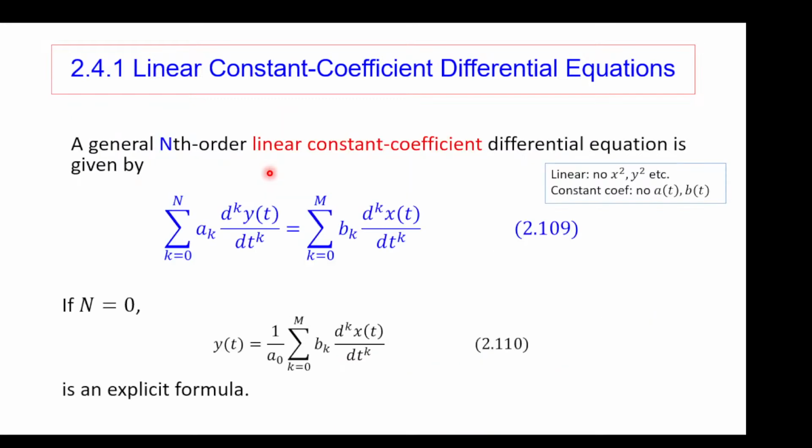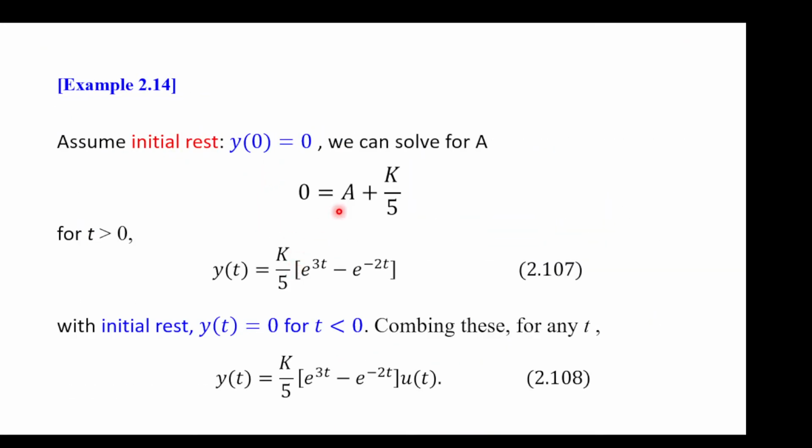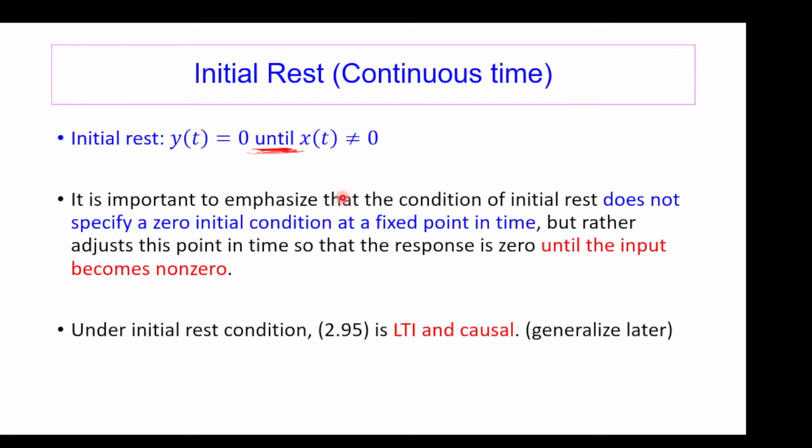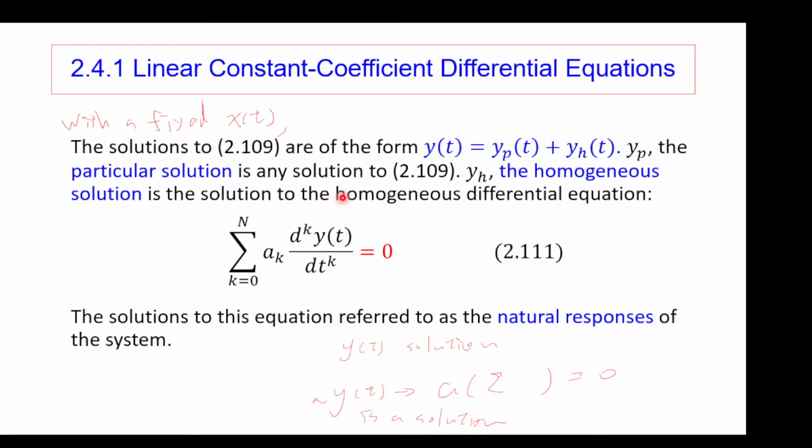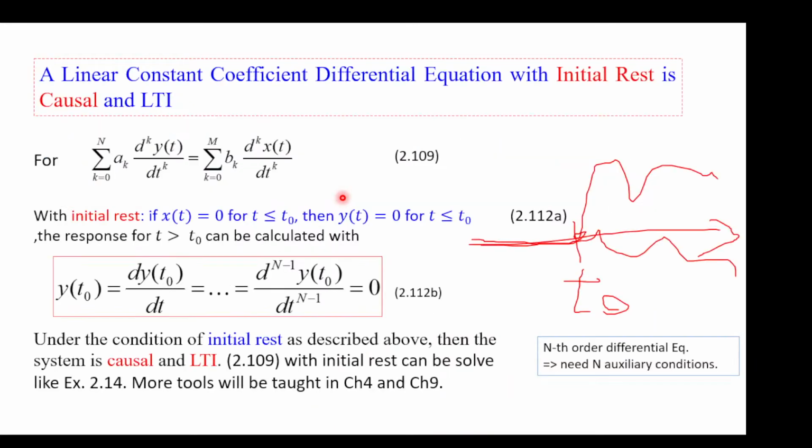In this example we have a first order equation, that's why I only have a to be determined. But for larger n, you will have a1, a2 to an, and that's why you need a lot of conditions here. But we have more general tools to solve this in chapter 4 and chapter 5. For now we have 7 minutes, so let's just complete our proof here.